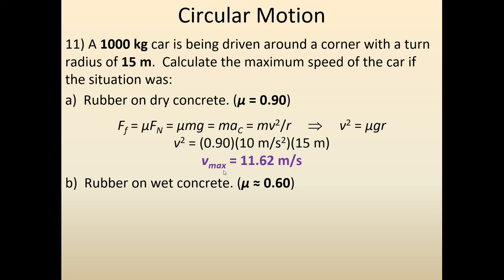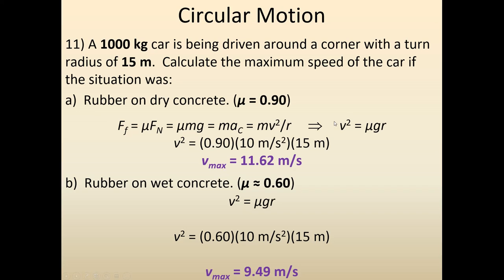All right, so for part B, I can use the same equation and just change the number for mu to 0.6, and we can see, which makes sense, that as this coefficient drops, the value drops. So it goes from a little bit over 11.6 to a little bit under 9.5. So that is a decent drop in my maximum speed just by having the concrete wet.